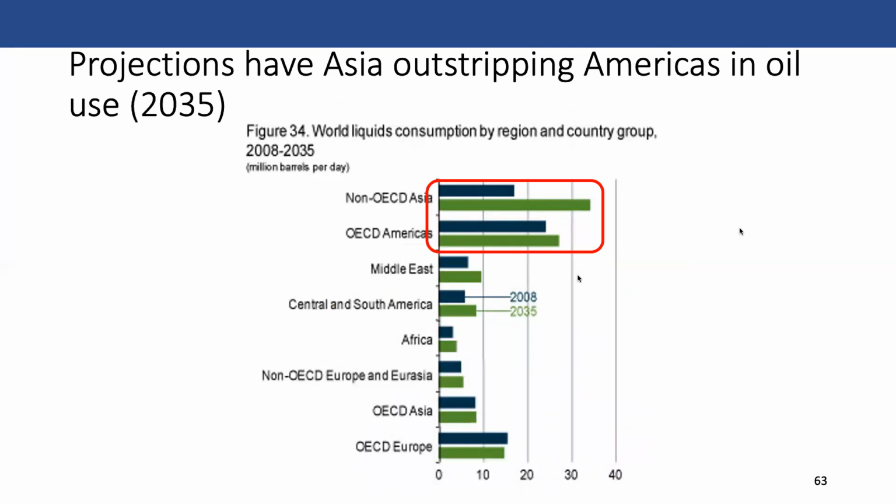There are projections showing that even though the OECD countries in the Americas are higher in consumption of transportation fuels today, Asia will be overtaking us in a lot of the projections out into 2035. And that's going to mean more emissions over time.